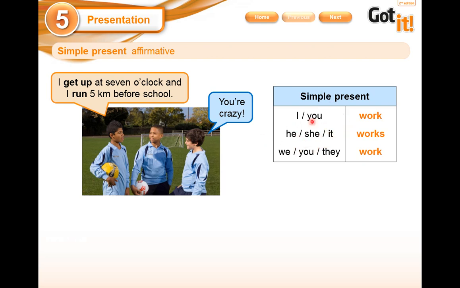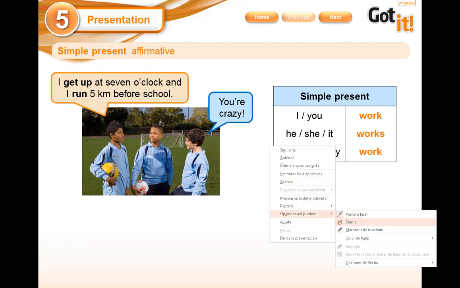Y a todos los verbos que empiecen con pronombres singulares, sí se les va a agregar s, y hay una regla que se debe conocer. ¿De acuerdo? Muy bien, entonces continuamos.